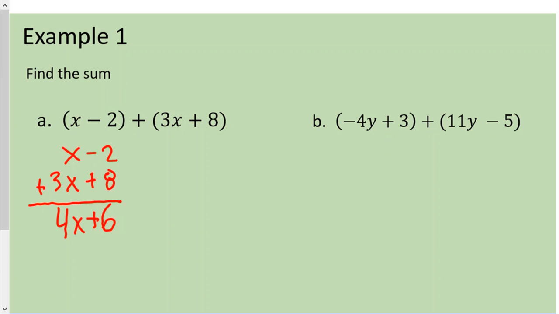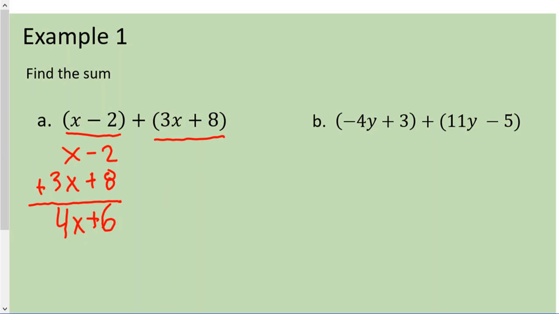Now we have no more parentheses and no more like terms that we can combine, so this expression is simplified. Also, something I forgot to mention is that x minus 2 is one expression, and 3x plus 8 is a different expression, and then we added those expressions together.